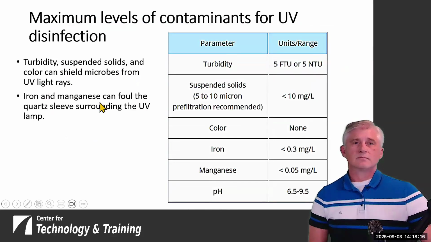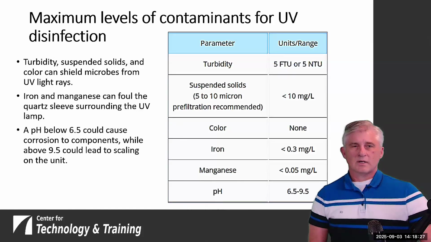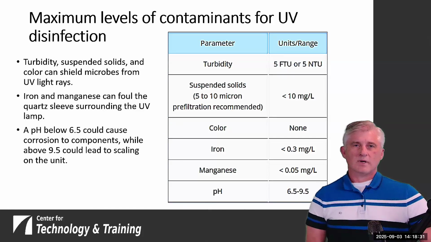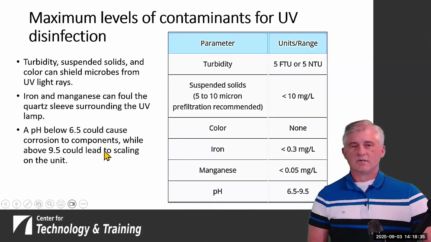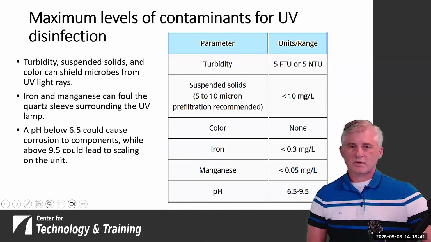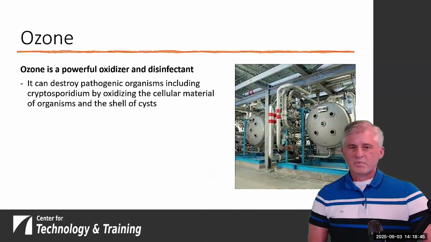Iron and manganese can foul up the quartz sleeve that surrounds the UV lamp, and so that doesn't allow the light to penetrate through the water and get to it. And then pH, low pHs could allow some scaling. We talked about that with hardness and stuff. It could allow scaling on the inside of the tube, and once again, not allow the light to get through.